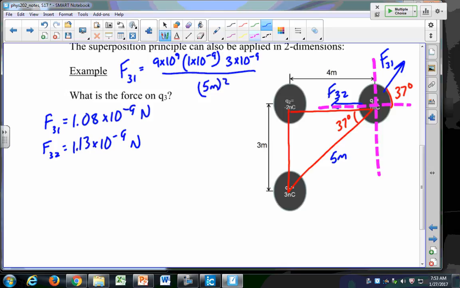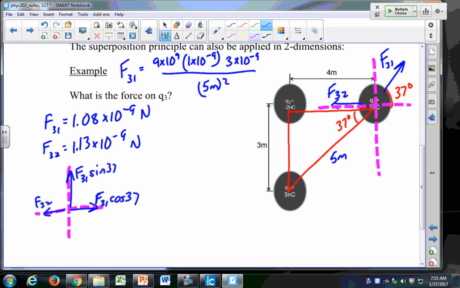So to do that, I like to draw pictures. I draw this picture here, and I'll go ahead and sketch in F32, and then the x and y components of F31. That's F31 sine of 37 and F31 cosine of 37, and I can calculate those.